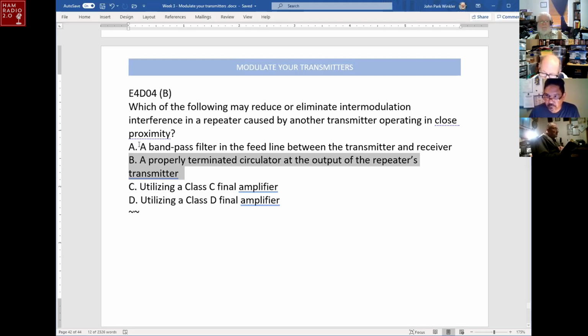And a bandpass filter in the feed line between the transmitter and the receiver, I don't really know what that means. The answer is the circulator at the output of the repeater's transmitter, which keeps the reflected and common mode currents and stuff at a minimum.